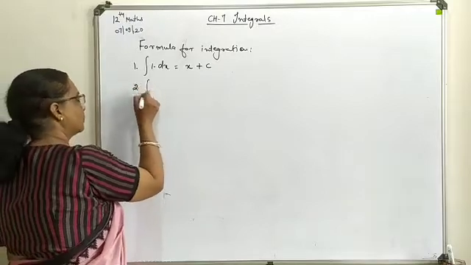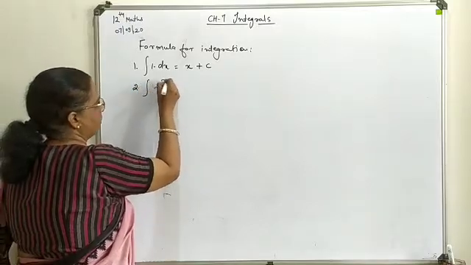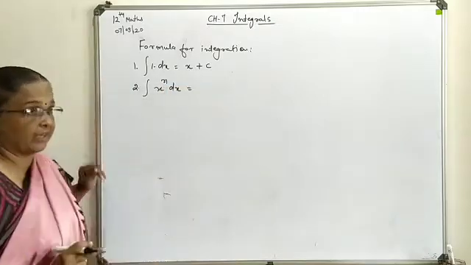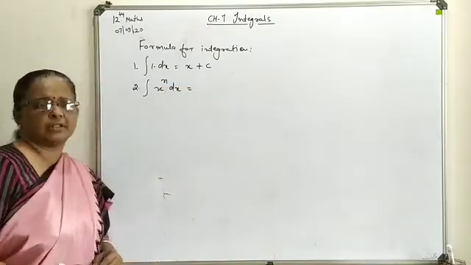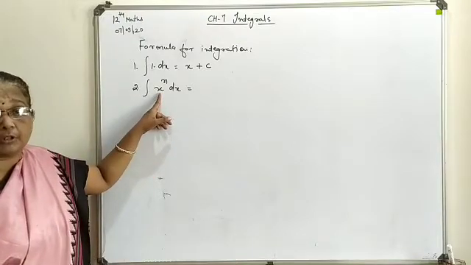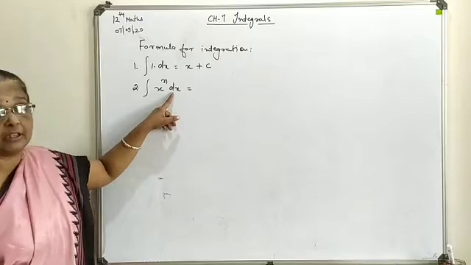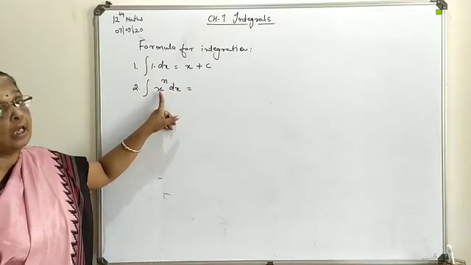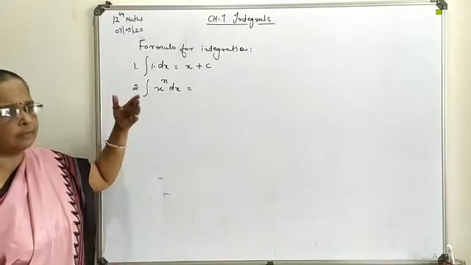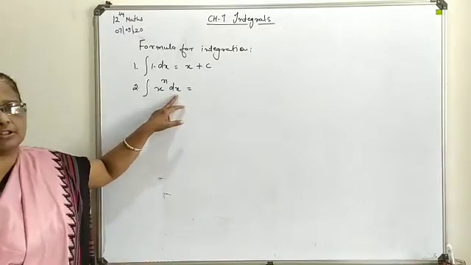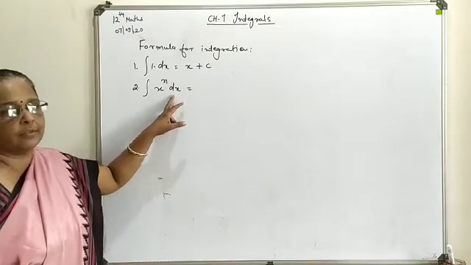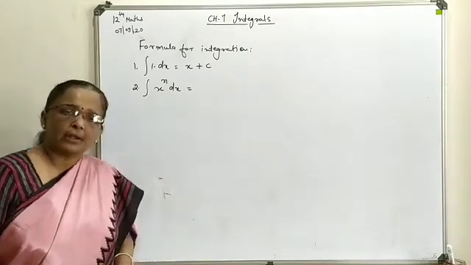Second is x with power n, which is to be integrated. Here also, as we have discussed in differentiation many times, the variable of the function and the variable with respect to which you integrate should be the same. If it is not so, you have to convert it first and then write its integration.